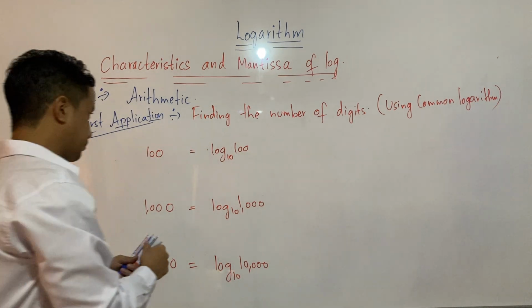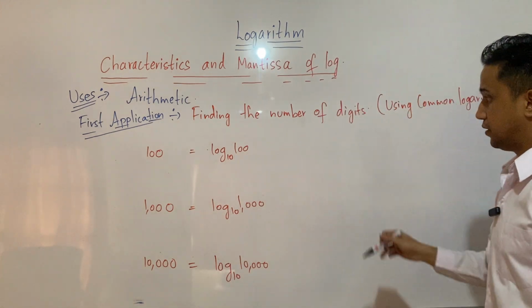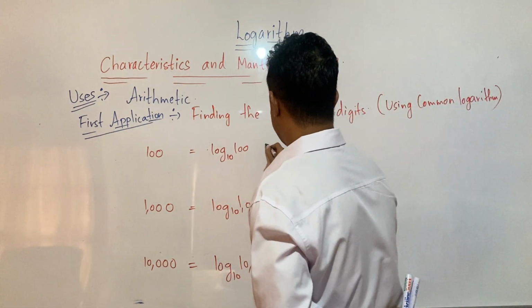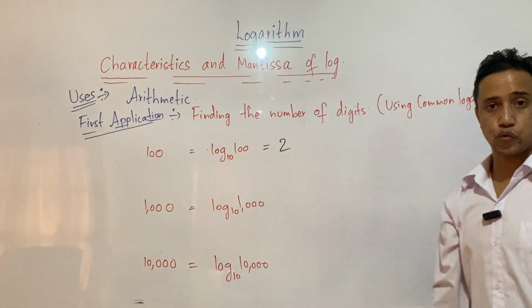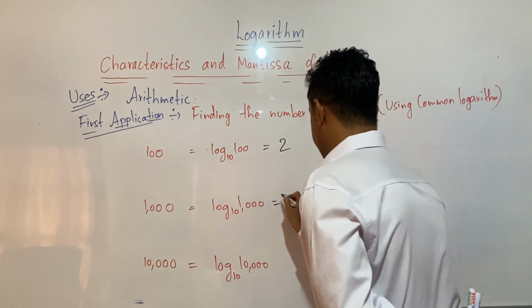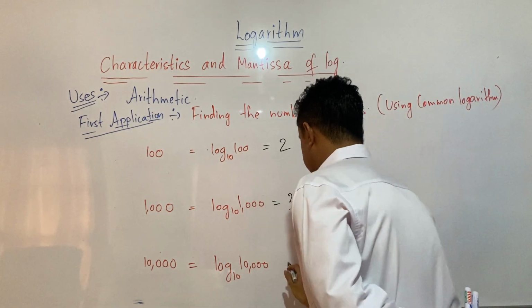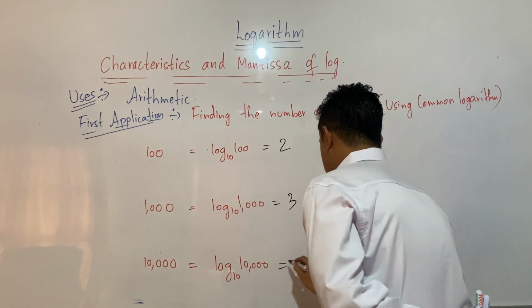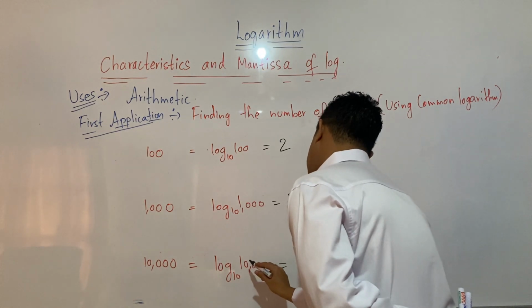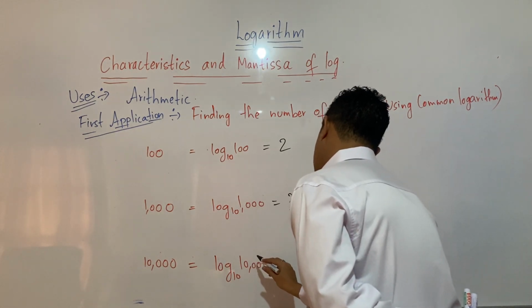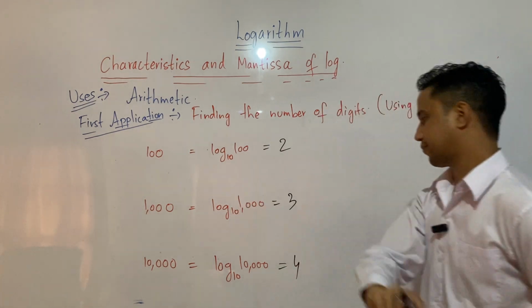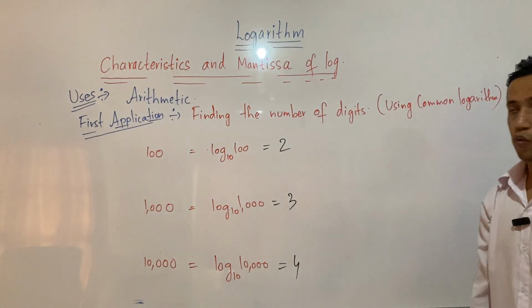Now, if I do the log here, your answer is going to be 2, here your answer is going to be 3, and here your answer is going to be 4. Why?